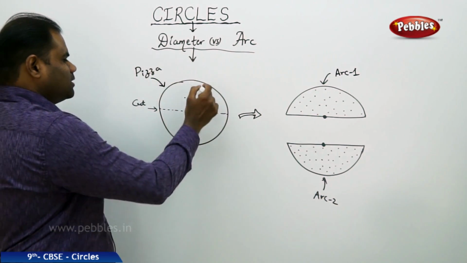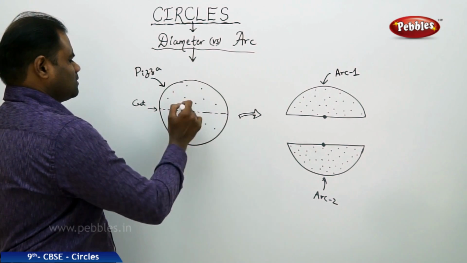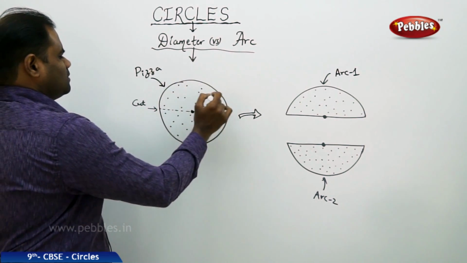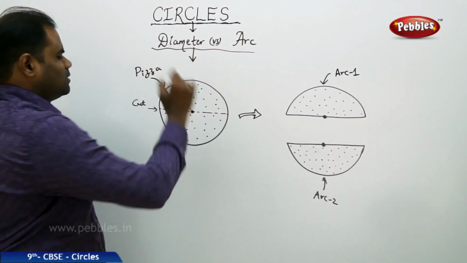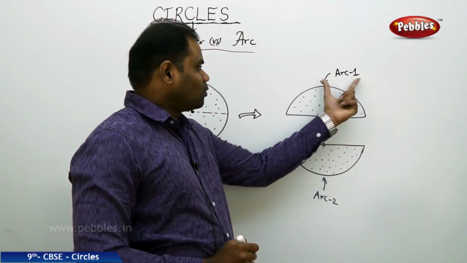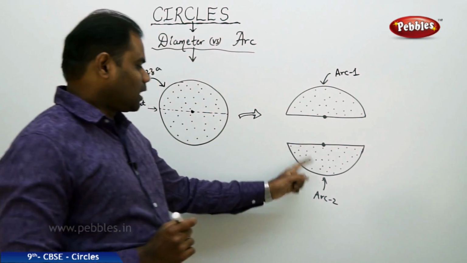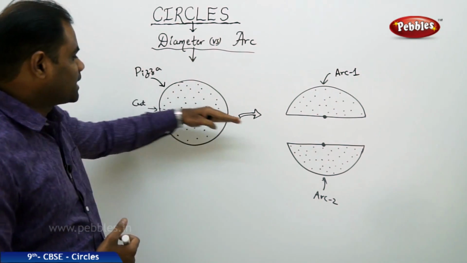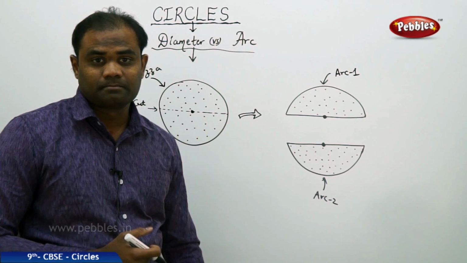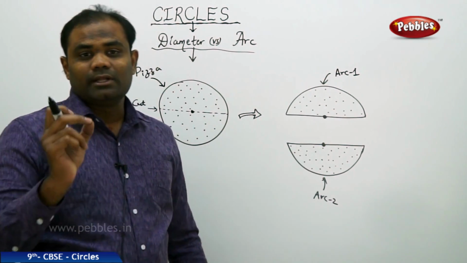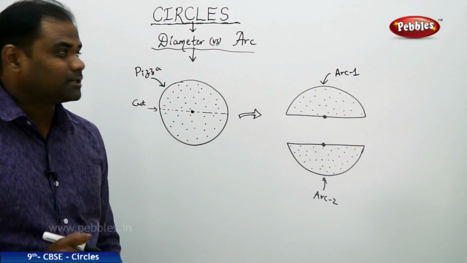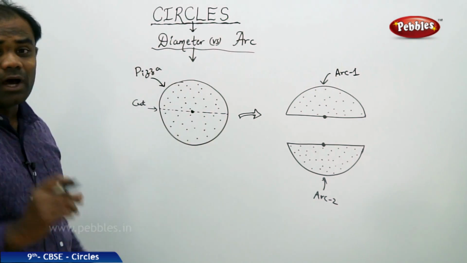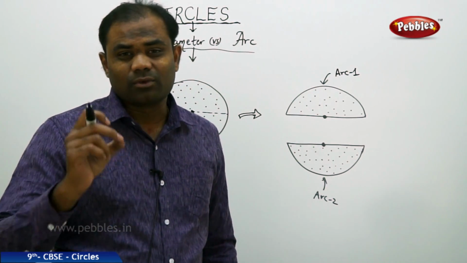So clearly, for this pizza cut into two pieces, arc 1 is the arc obtained for the first piece and arc 2 is the arc obtained for the second piece, and clearly they are equal because this line exactly cuts the pizza into two equal pieces, and therefore we get two equal lengths of arcs, which makes us conclude that when we take the diameter into consideration, the lengths of arcs obtained by the diameter of the circle are always equal.